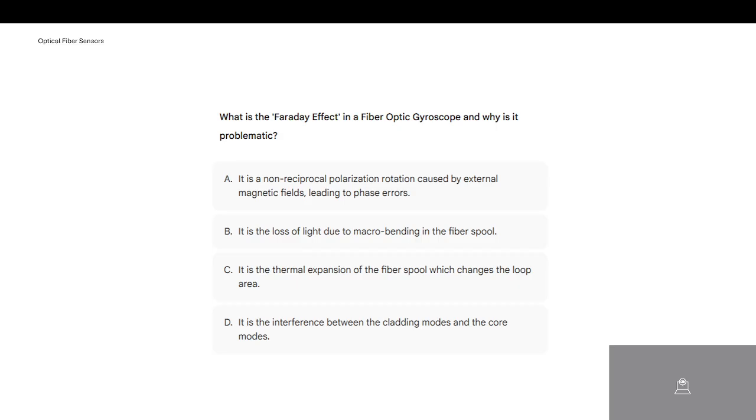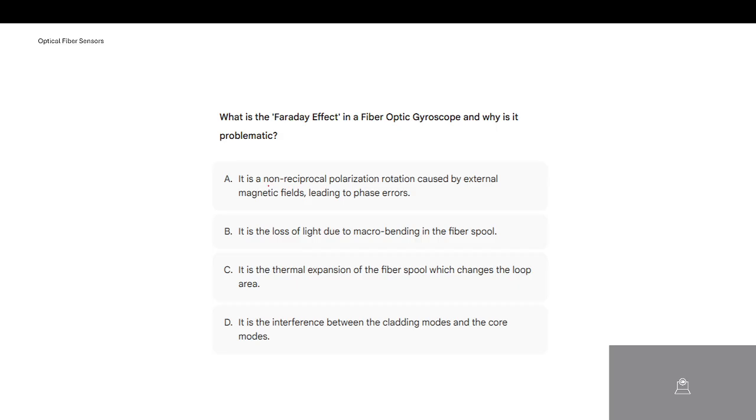No, it's not correct. In this case, you are telling about the... Yeah. So because the Faraday effect.